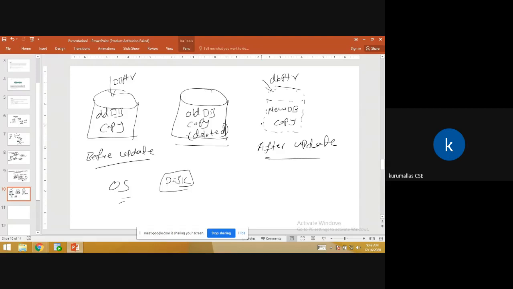Next, how to implement atomicity and durability inside the database. Here we are using the shadow copy technique, which preserves the original data. Suppose we have a database with outdated data.